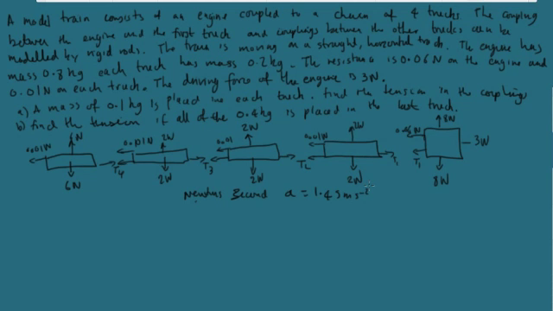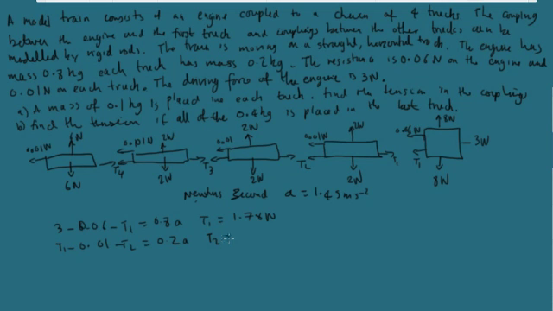And this time we're going to go through the same process that we went through before and do each part separately. So for our engine, we've got 3 minus 0.06 minus T1 equals 0.8A. So T1 is 1.78 newtons. T1 minus 0.01 minus T2 equals 0.2A.